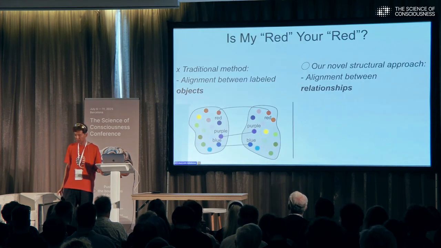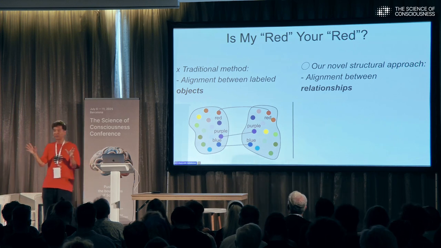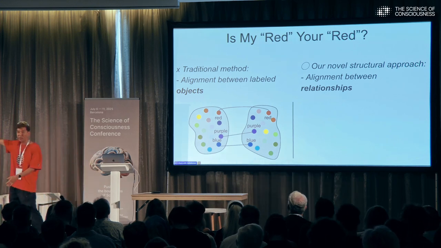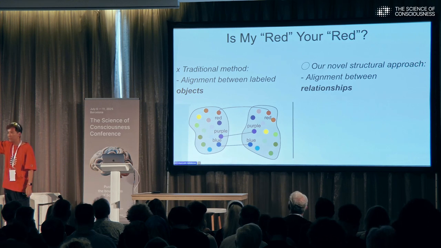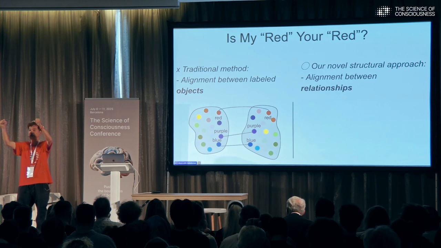This is also published this year, 2025, in iScience, and it was actually featured in Sabine's YouTube video. The traditional method is to show colors one by one and ask, is this red your red, my red, and how much correspondence there is.